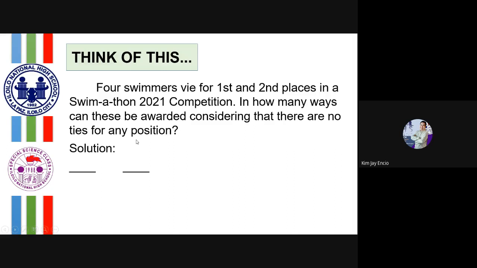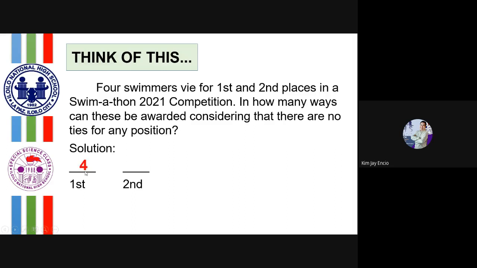For the solution, here are the two slots, the first and second places. We will be using the slot method, which I introduced last time. For the first slot, since there are four swimmers, there are four ways to award the place.